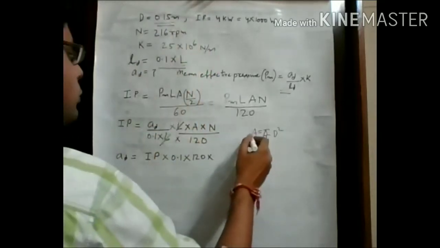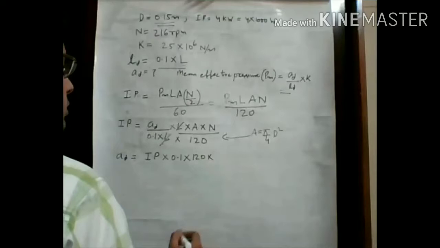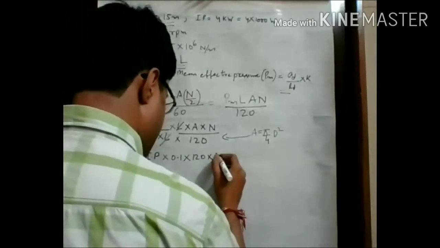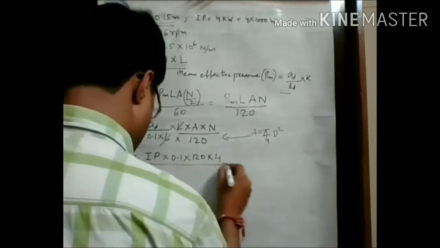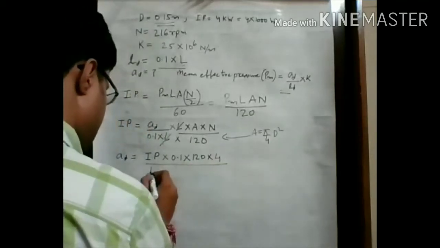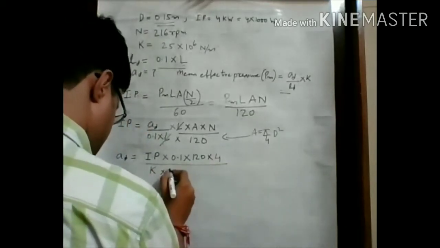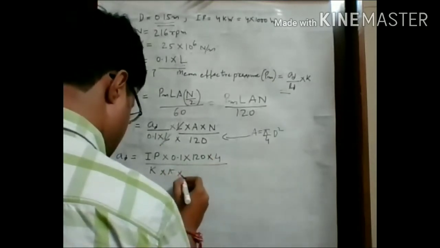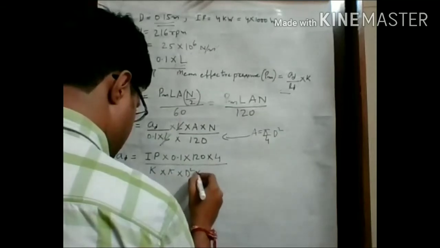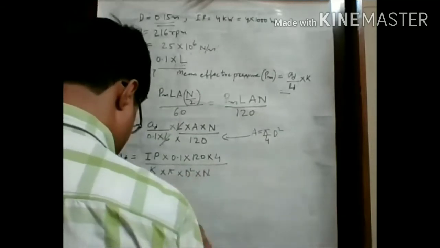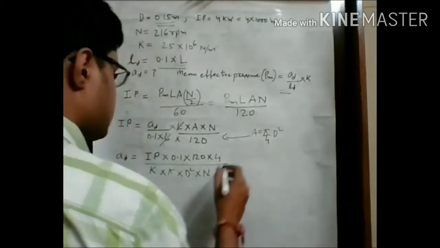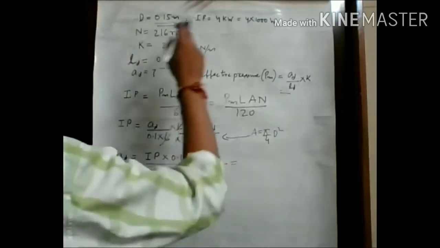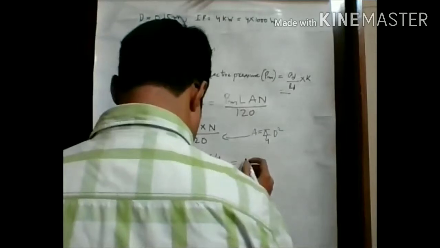If we put this value in this expression, we get divided by 4 multiplied by 4 divided by K multiplied by pi multiplied by D square multiplied by N. So if we put these values, we have indicating power value equal to 4 kilowatt.